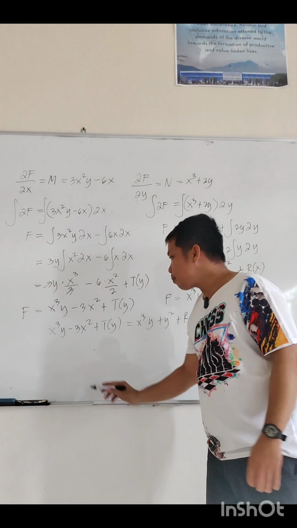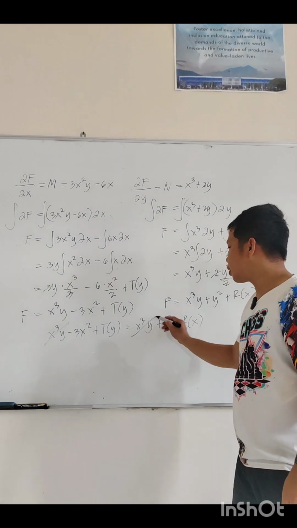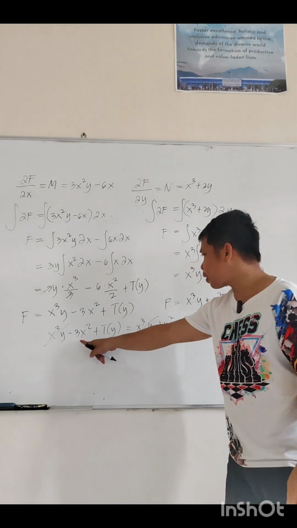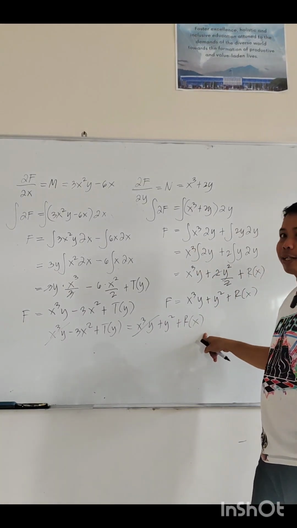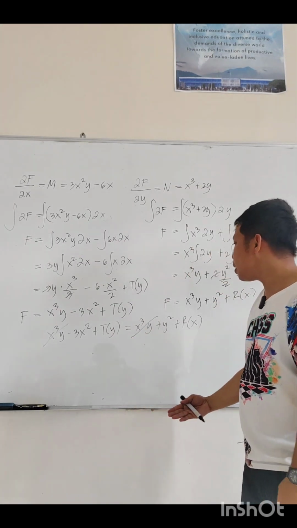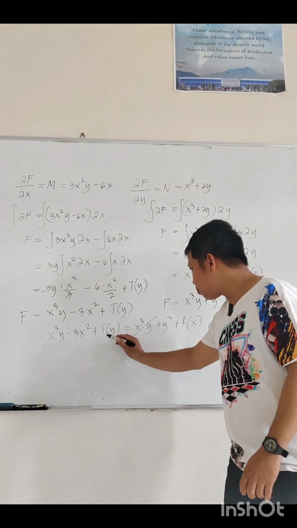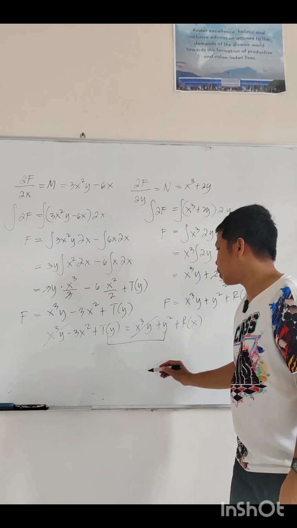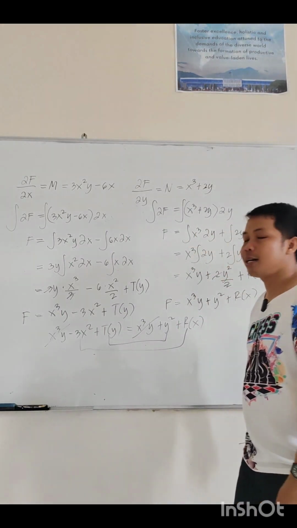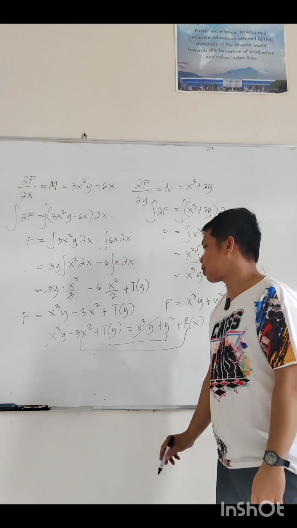As we can see, pwede itong makancel si x cubed y kasi pareho sila sa left and right side. So, ito yung natira sa left side, ito yung natira sa right side. Since this is supposed an identity, yung t of y, pwede mo siyang ma-equate dito sa y, and then yung r of x, na function, pwede mo siyang ma-equate dito sa variable na may x.